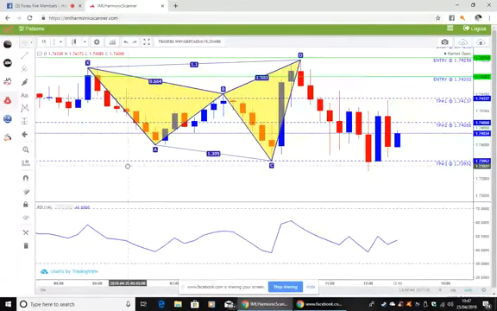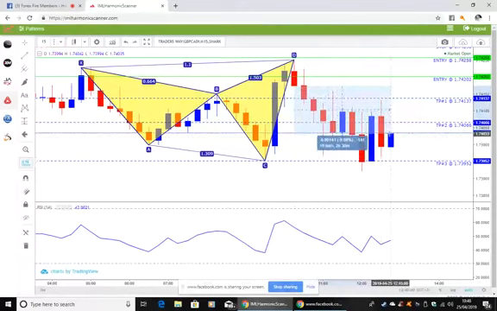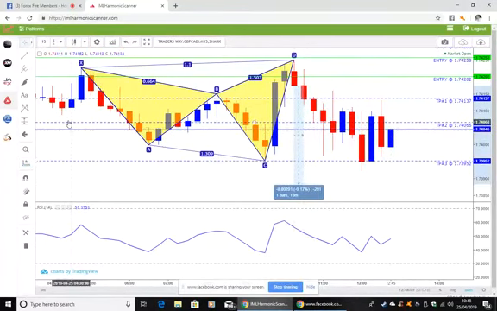GBP cards. Again, look at this one. The entry point. If you got it on the entry point, it went bang through take profit one, take profit two, take profit three. And even if you had entered here and you got into there, you could have had 14 pips on that.